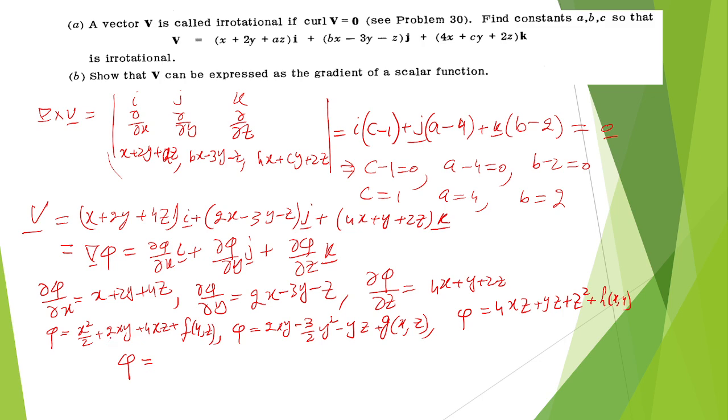We have to search for the x function everywhere. The x function is only x square by 2. Then the y function is minus 3 by 2 y square. And the z function is only z square.